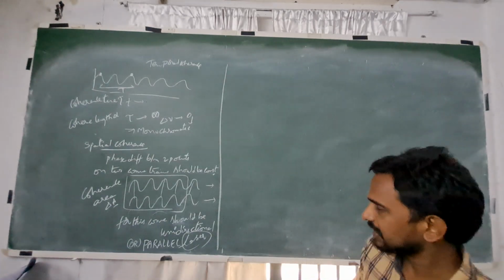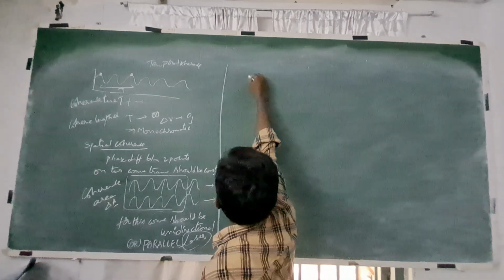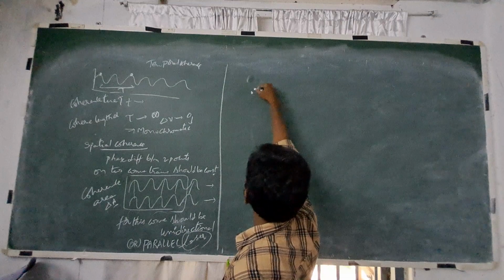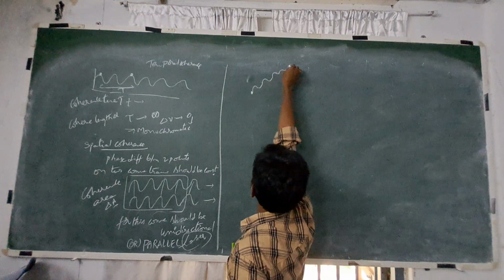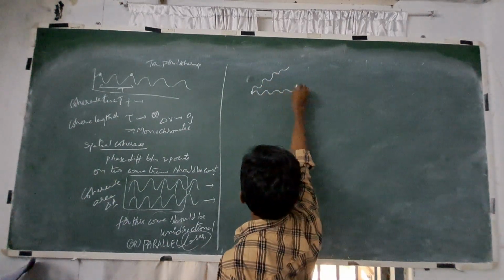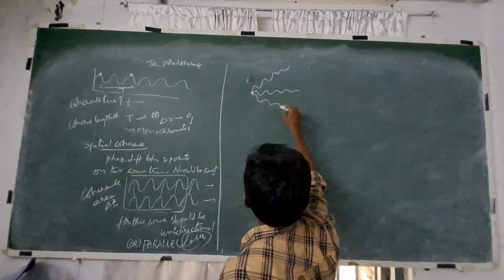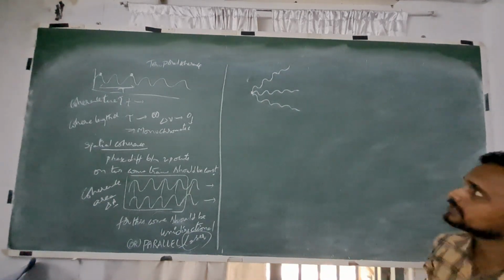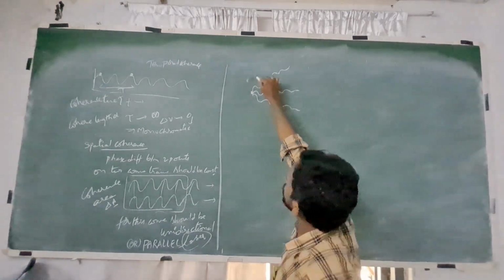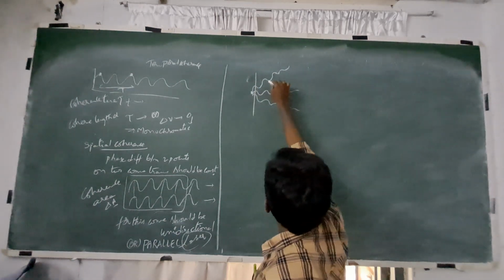So if I take a point light source, the waves will be traveling in different directions starting from the source. Then, if you take the phase difference, it may vary.